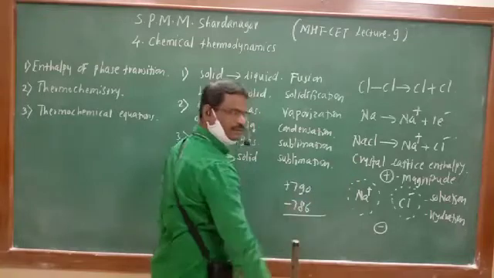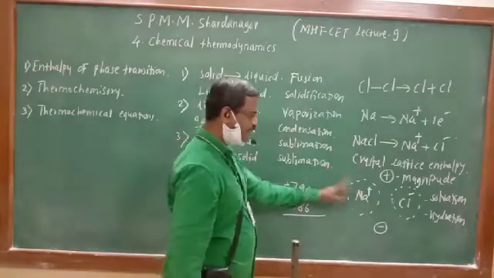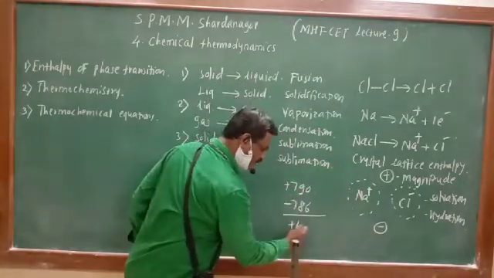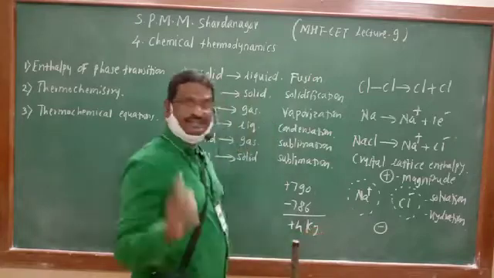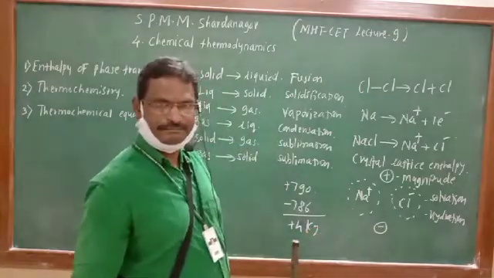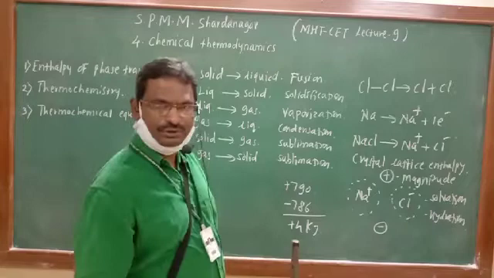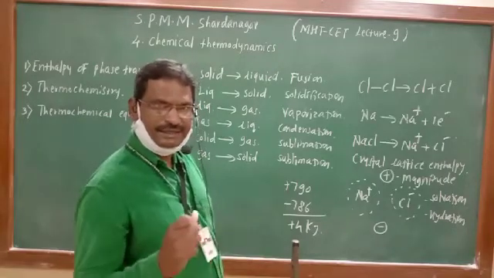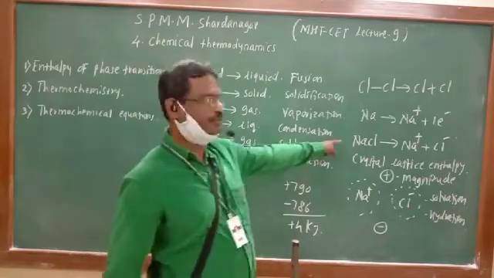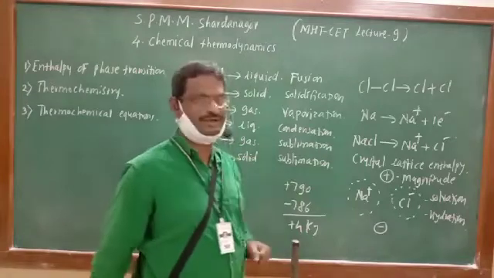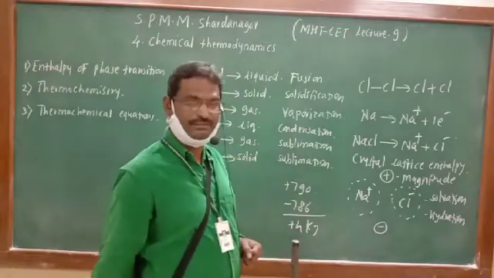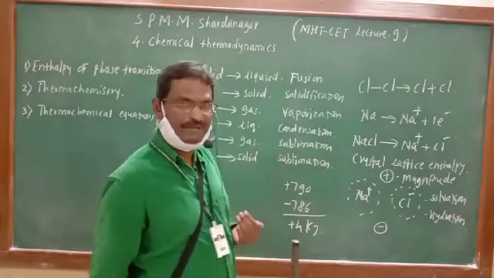If we do the summation, whenever NaCl is added to water, there is a plus 4 kilojoule change. Change in enthalpy is plus 4 kilojoule. This means the preparation of NaCl solution in water is endothermic, taking place with absorption of energy.